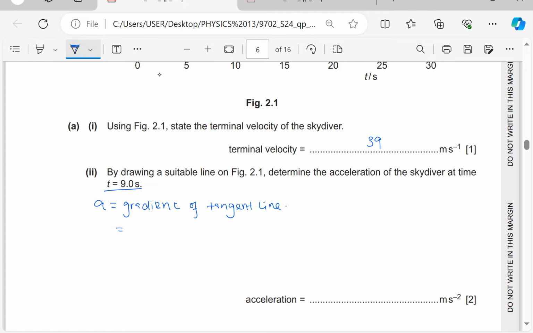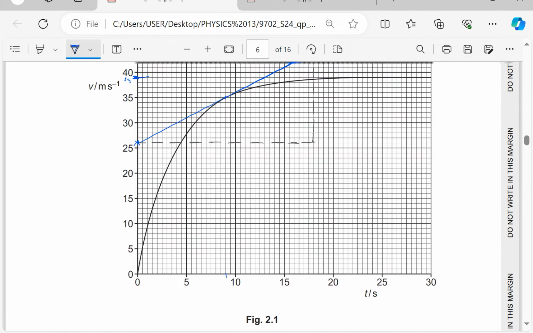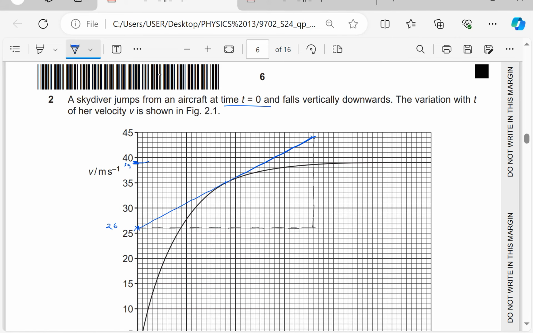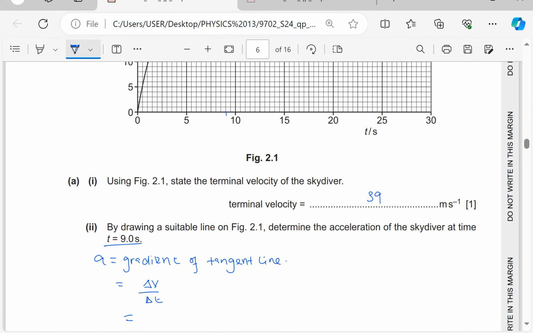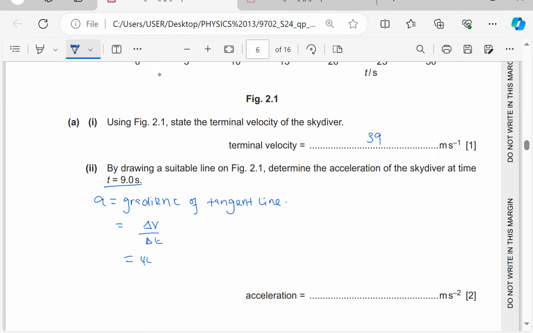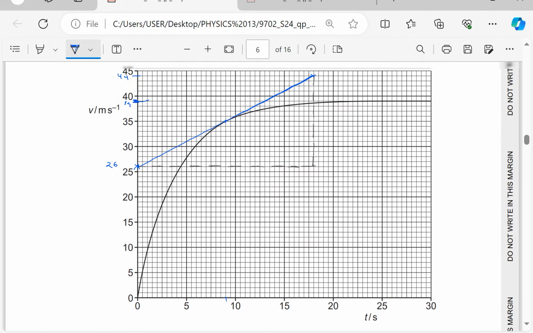So this is of course equivalent to change in v over change in t. So change in v, I think this is 26, and then I think this is going to be 44. So on the vertical axis, I have 44 minus 26.